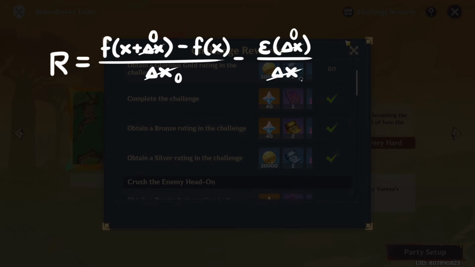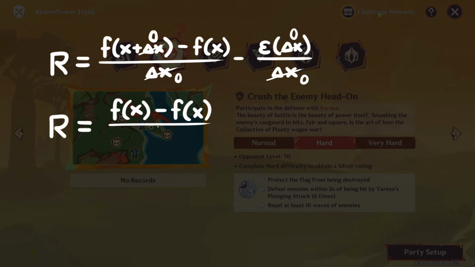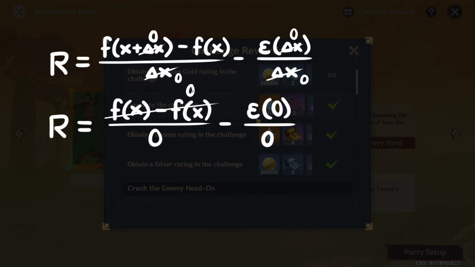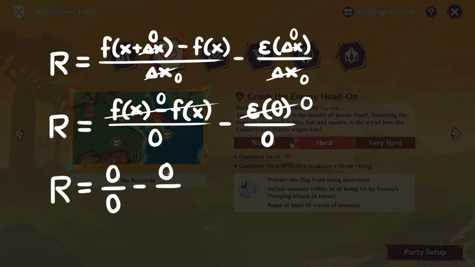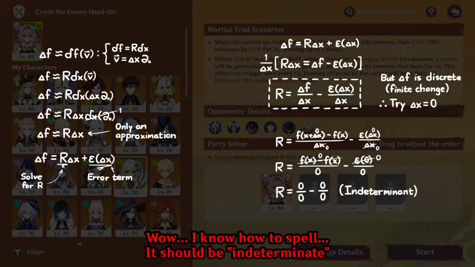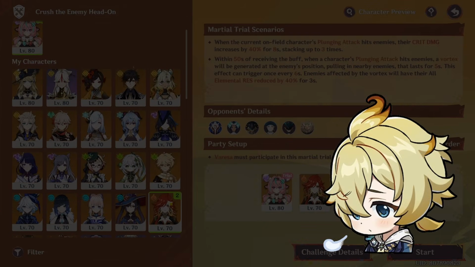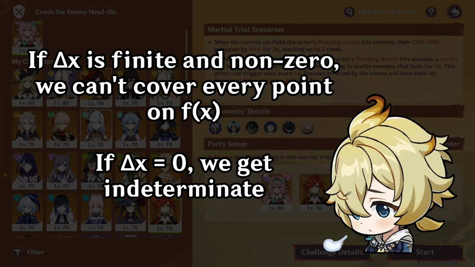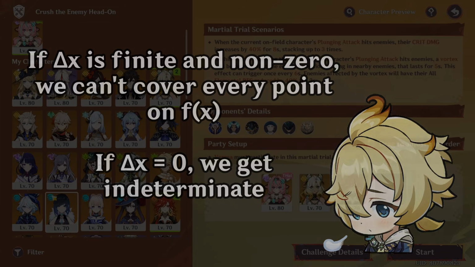However, if we substitute that into our equation, we have a problem. As can be seen, we get 0 divided by 0, which is indeterminate. This might seem hopeless, as we somehow need delta x to be 0 so that we can fully embody all points on the function, but it can't since we get indeterminate.